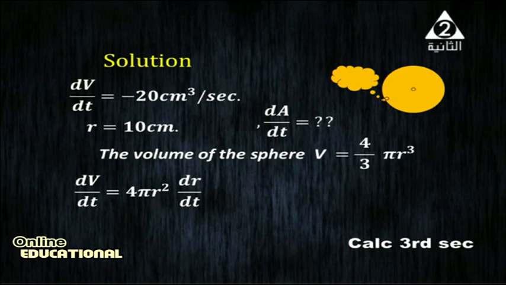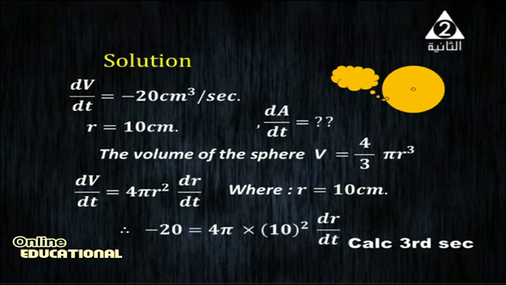Then dV/dt equals 4π r² times dr/dt, where r equals 10 centimeter and dV/dt equals negative 20 centimeter cubed per second. Then negative 20 equals 4π multiplied by 10² dr/dt.